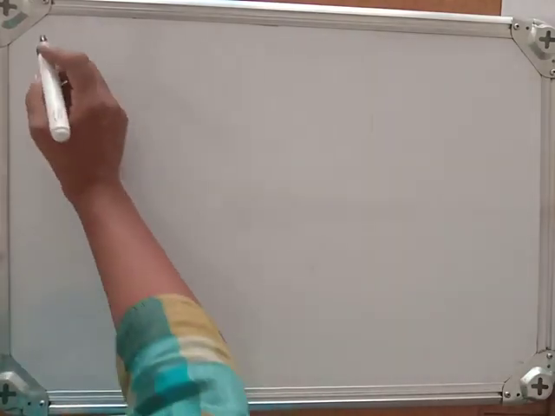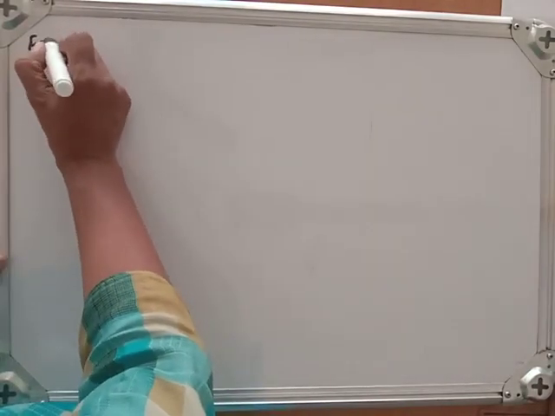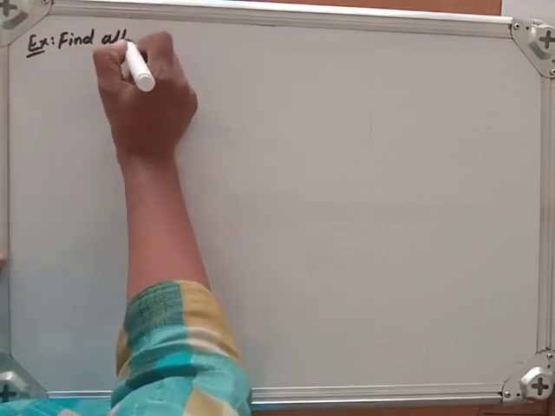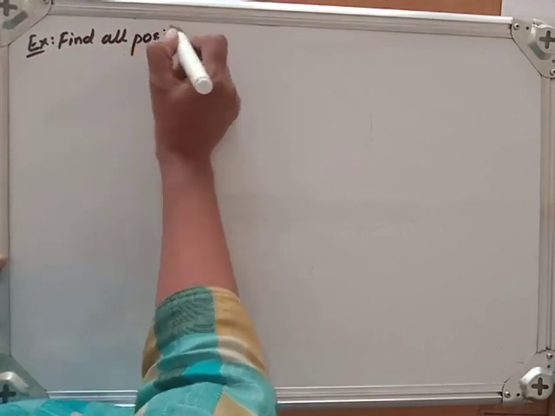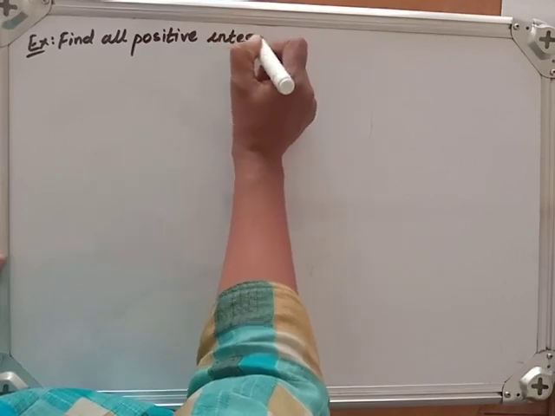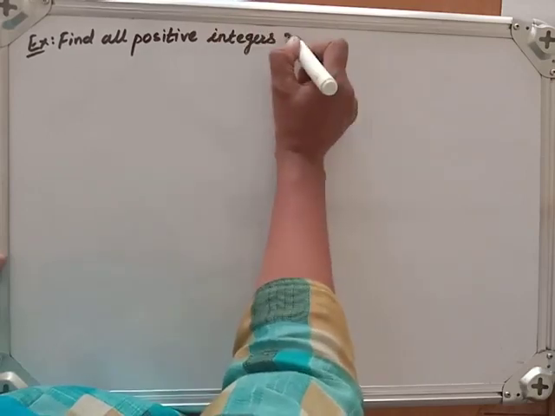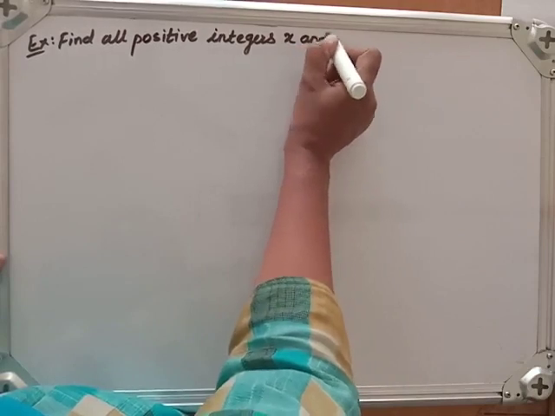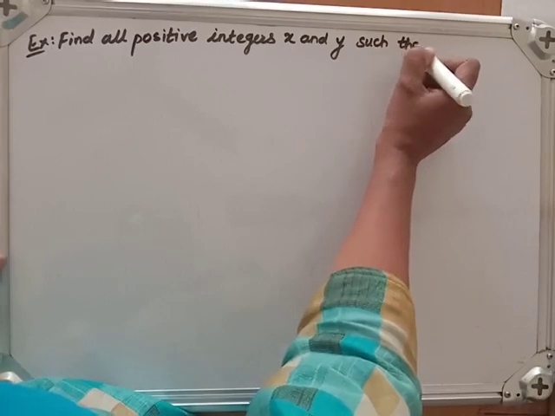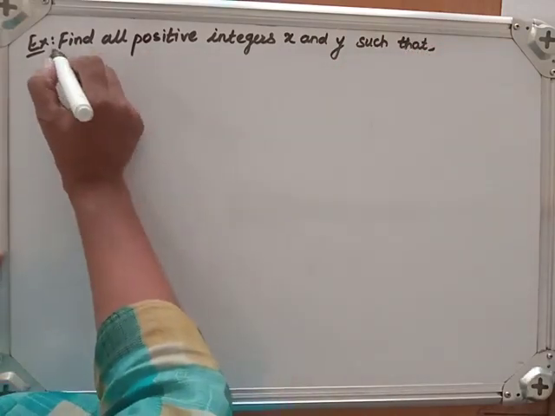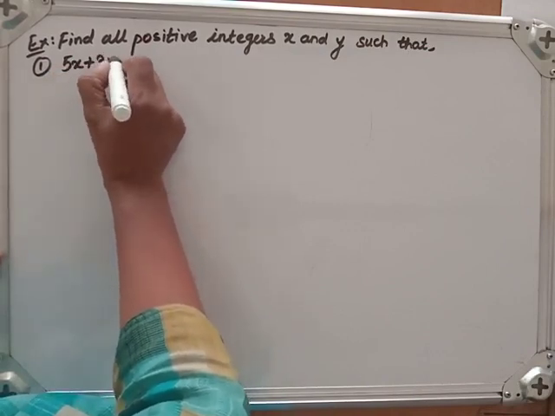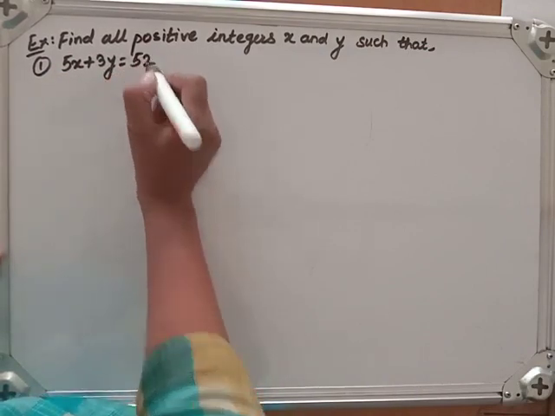Let me take an example. Find all positive integers x and y such that... Now let me take the first one: 5x plus 3y is equal to 52.